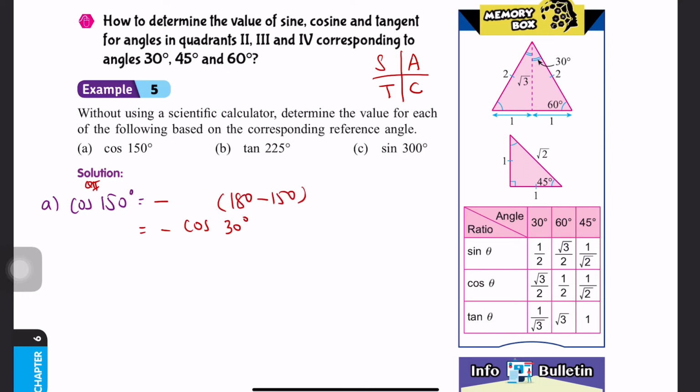Tak boleh tekan calculator. Okay, cos 30, this one kan? So jawapan kita is square root of 3 over 2.